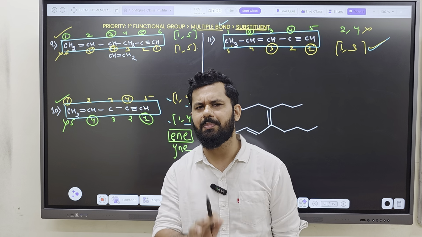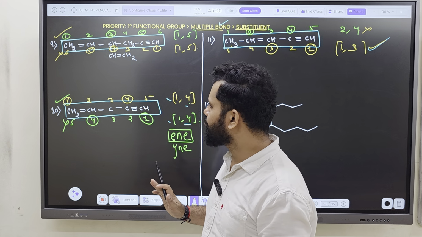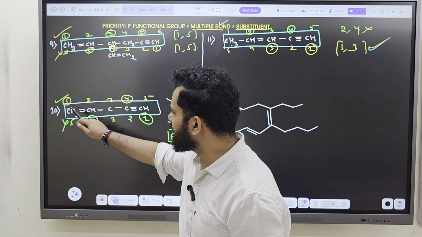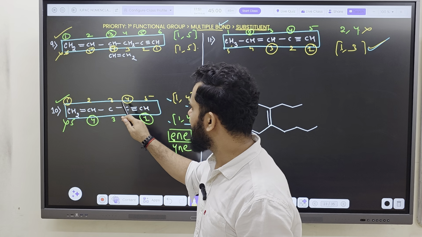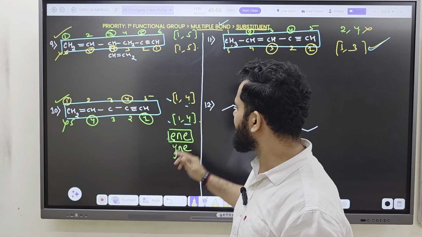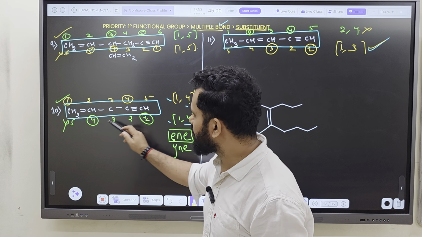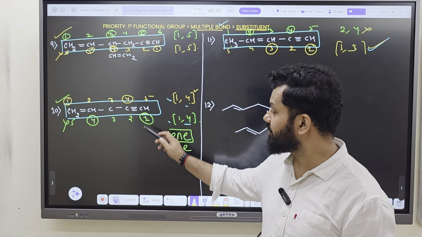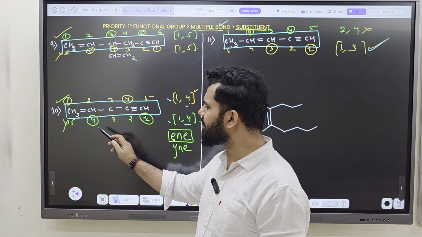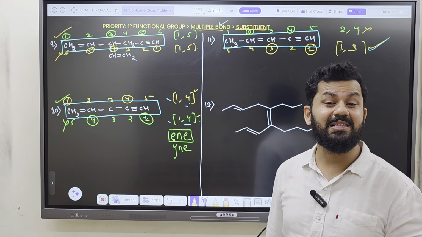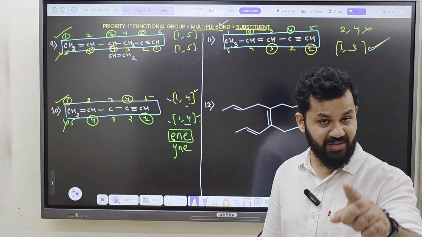For me, double bond, triple bond, both are same. So if I go this way, then I assign 1 to this multiple bond and 4 to the next one. So the set of locants is 1, 4. Backwards, 1, 4. At first position there is one multiple bond, at fourth position there is one more multiple bond. So that means there is a tie.